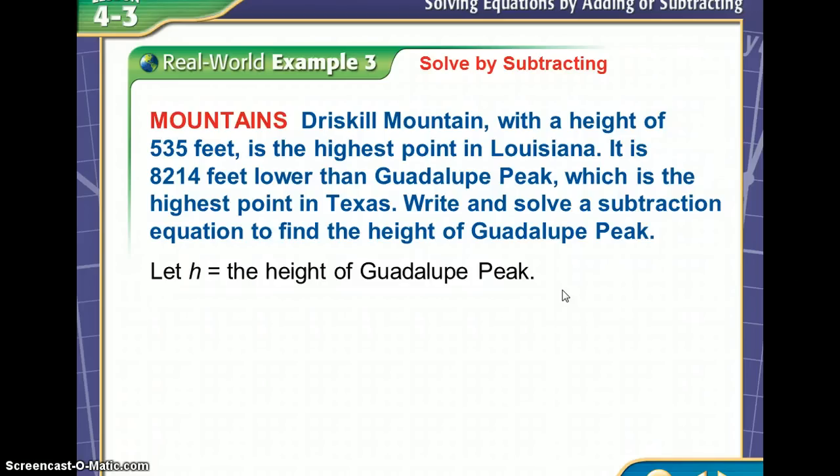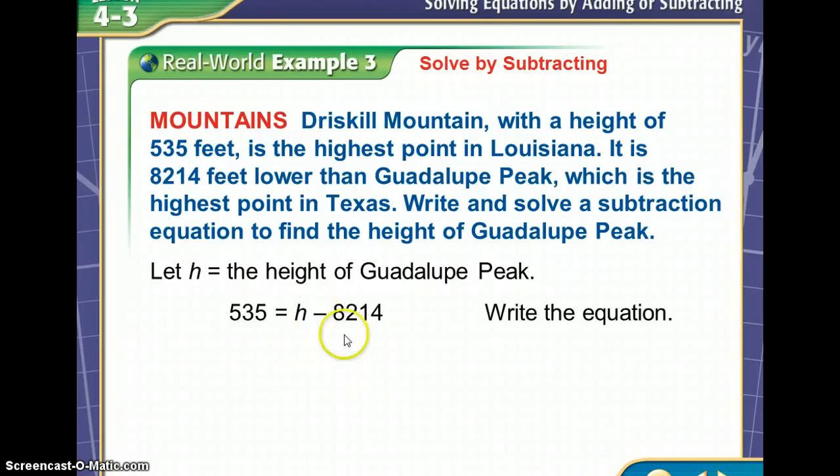Okay, obviously h will be the height of Guadalupe Peak, and we don't know that, so of course that'll be the variable. We know that if we take the height of Guadalupe Peak and subtract from it this 8,214 feet, we should end up at the same height as the Driscoll Mountain in Louisiana.